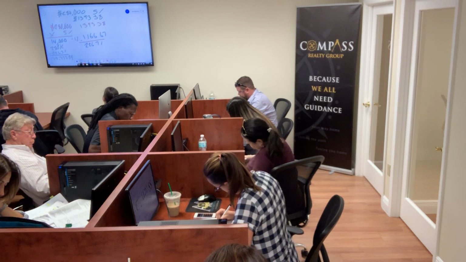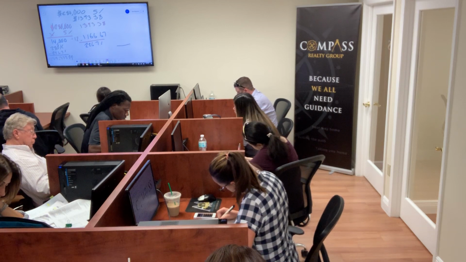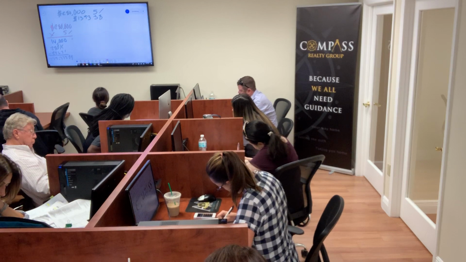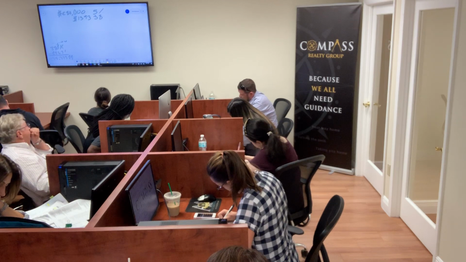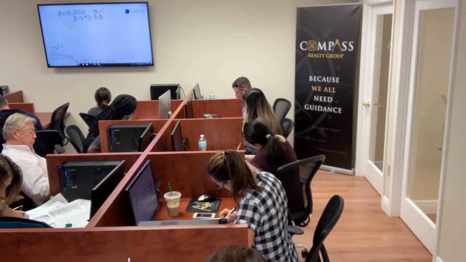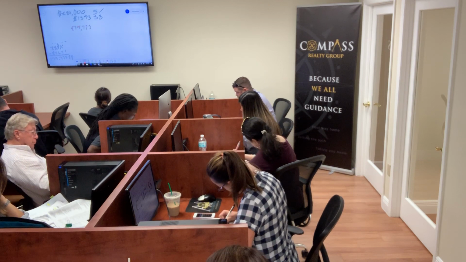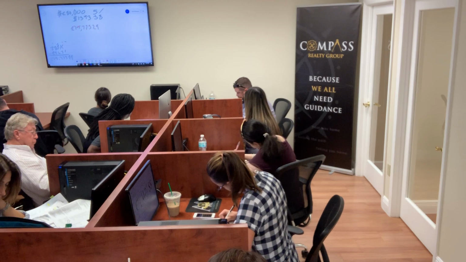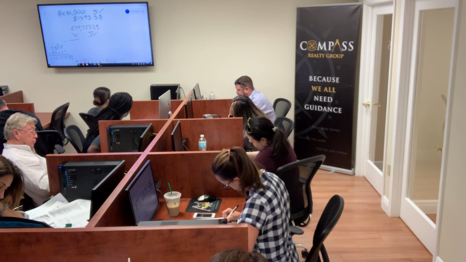I'm going to erase the first month and do it again. So 279,773.29 times 5%. My 5% is a constant, right?